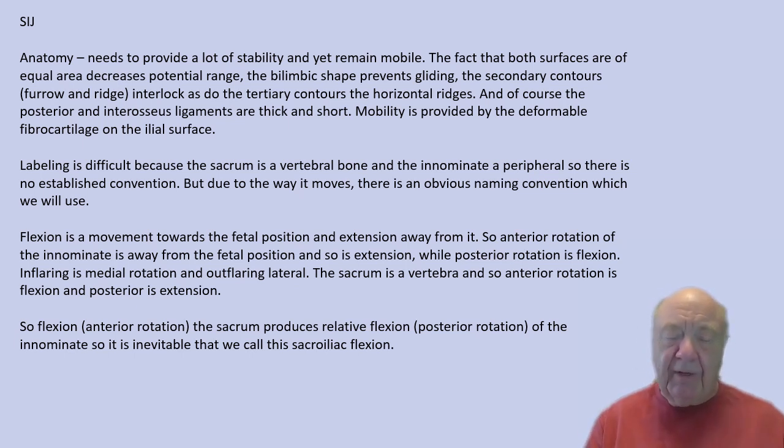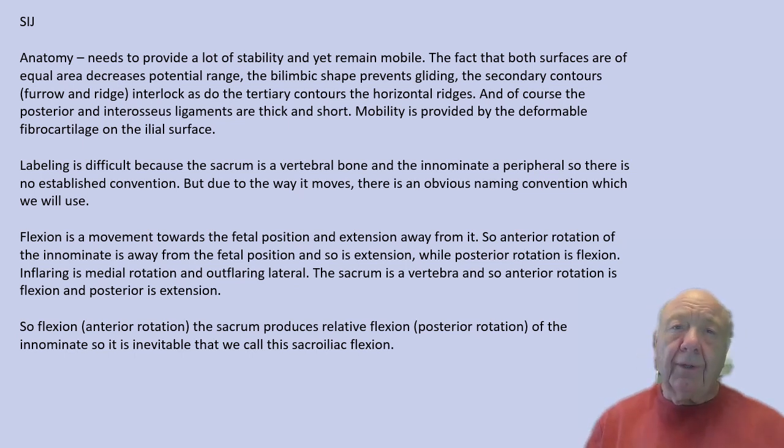As far as labeling is concerned, the problem here is that the two bones are side to side. So the spinal convention where the superior bone is the reference point, and in the periphery, it's the inferior bone that's the reference, doesn't work here. They're side by side. Also, the sacrum is a vertebral bone, the innominate is a peripheral bone, so that doesn't work neither. But it's not difficult.